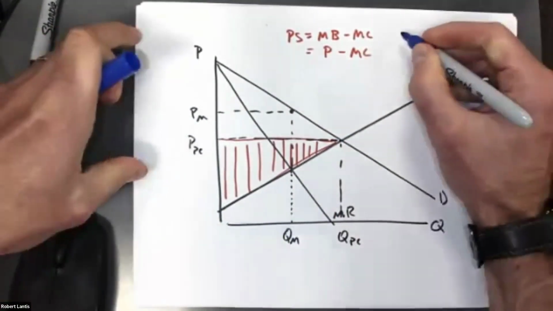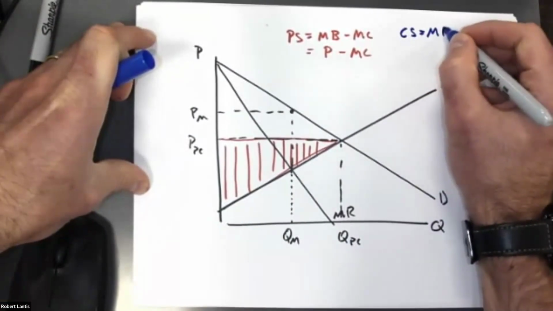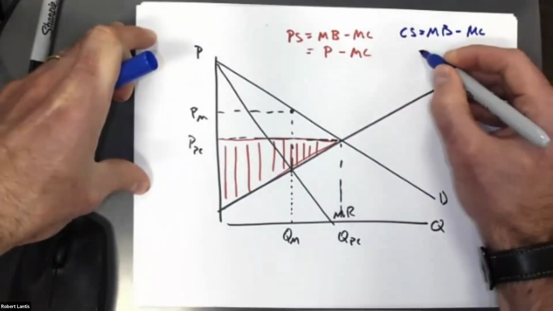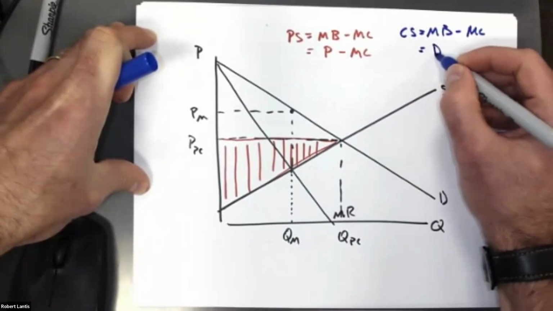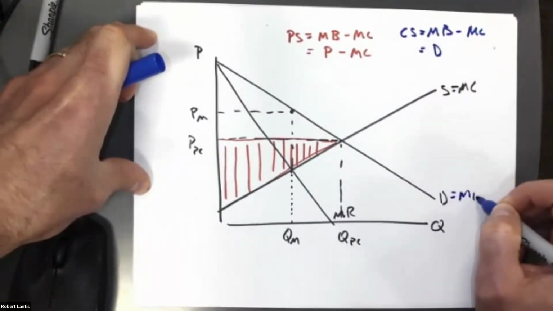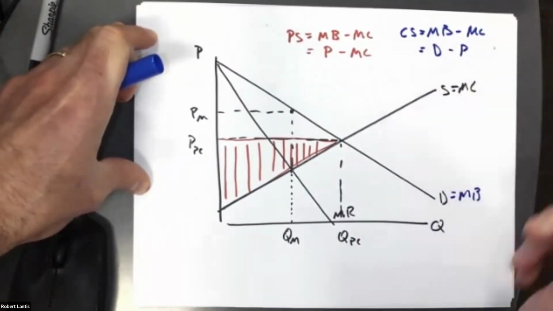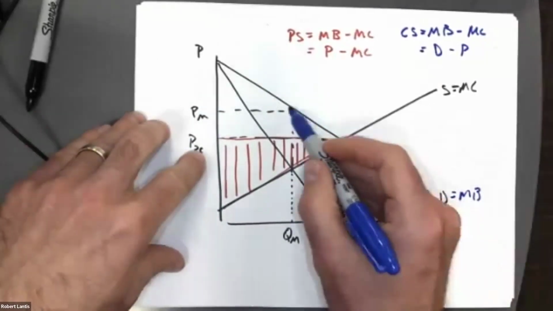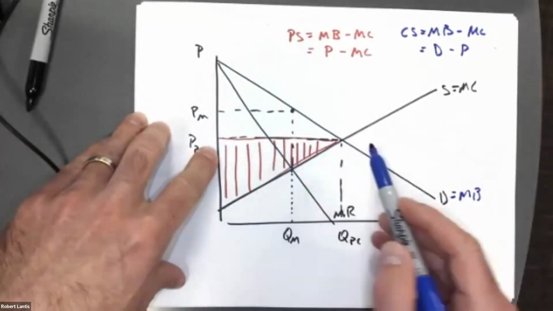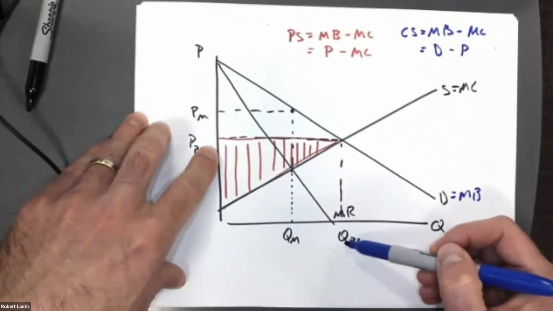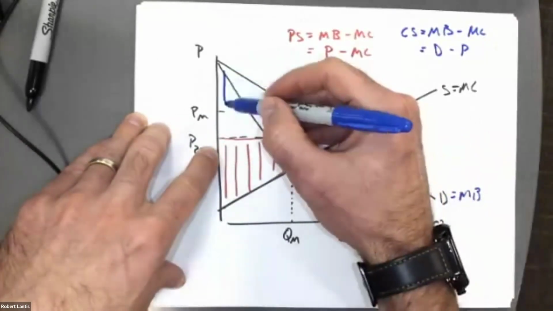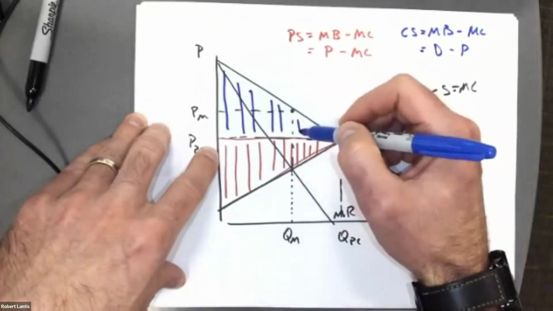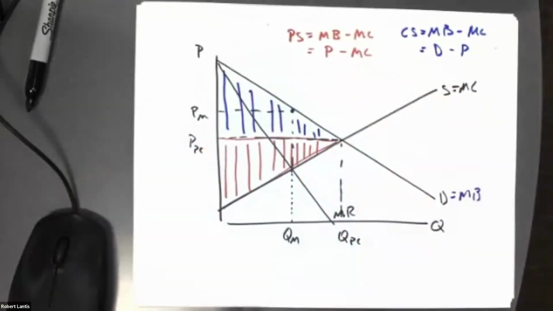What would consumer surplus be? Well, once again, it's the difference between the marginal benefits and marginal costs to the consumers. Their marginal benefit is represented by the demand curve. Marginal cost will be the price they pay. So in a perfectly competitive market, the difference between the demand curve and the price they pay up to that quantity that the market will get to if it's perfectly competitive. Here would be my consumer surplus.